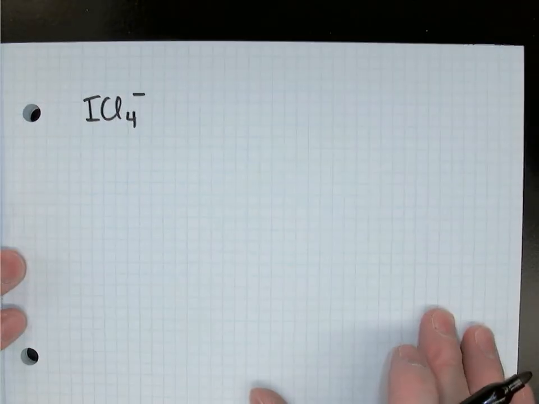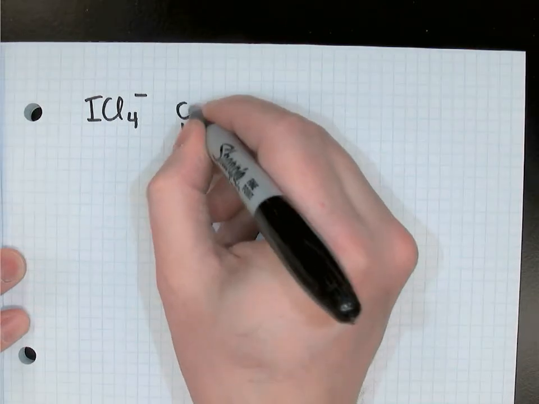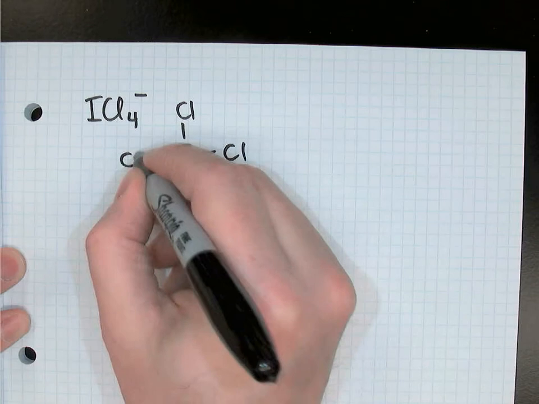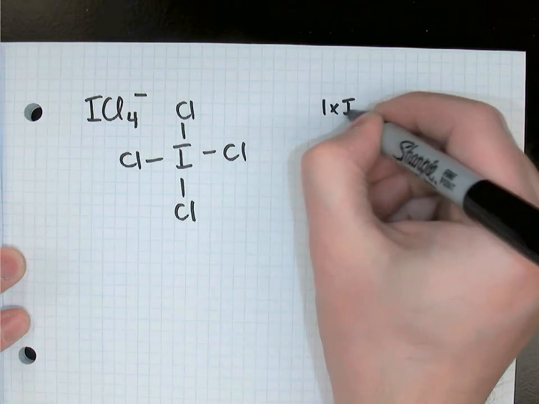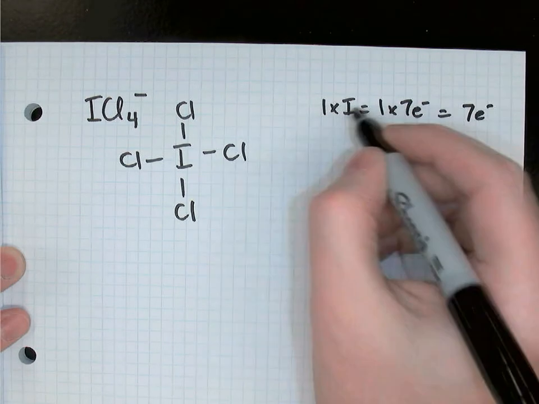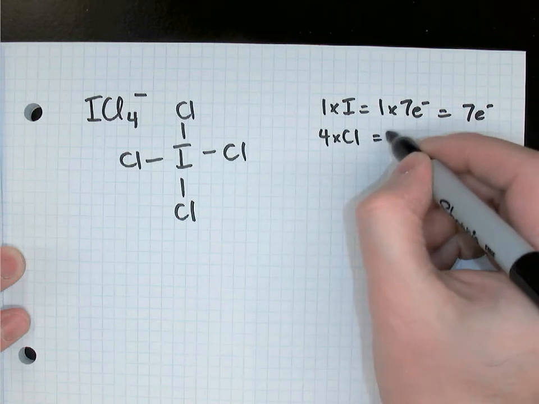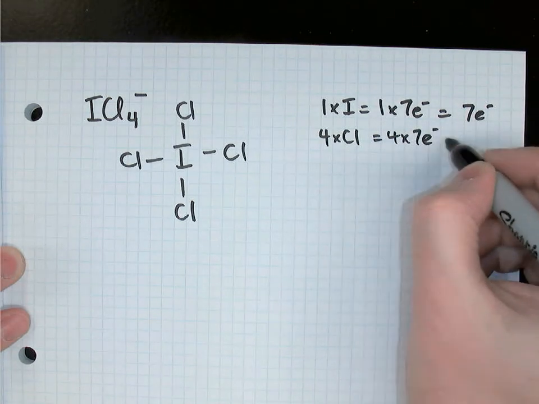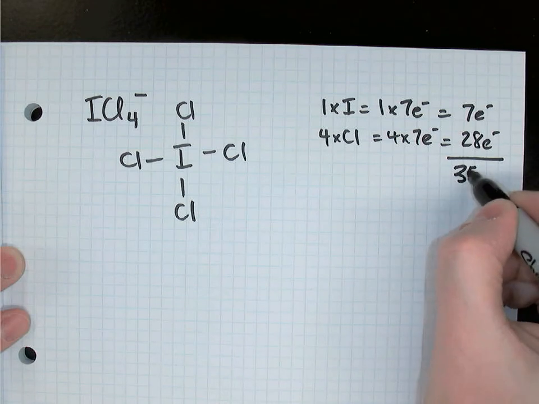So iodine with 4 chlorines attached. We have 1 iodine, so 7 valence electrons from there. We have 4 chlorines, so 7 electrons each, 28 electrons total. So that looks like we have 35 electrons to play with.